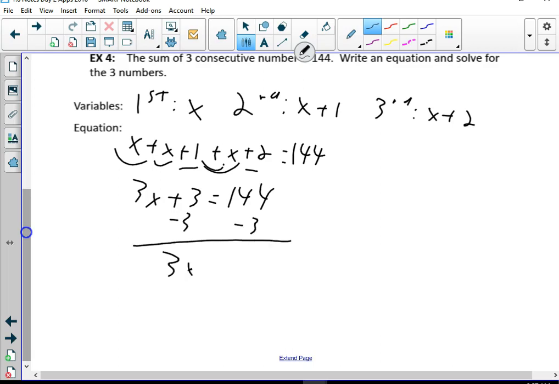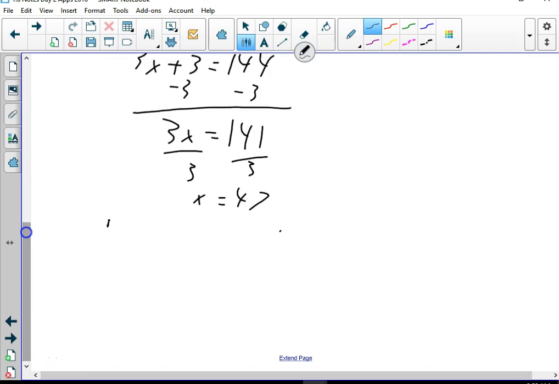So that gives me 3x equals 141. Now what do we do? Now we divide by 3. And x is 47. Am I done? No, because that's just the first number. So what are my 3 numbers? If my first number is 47.